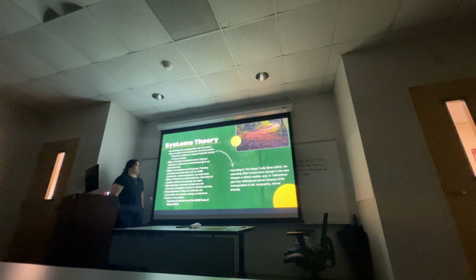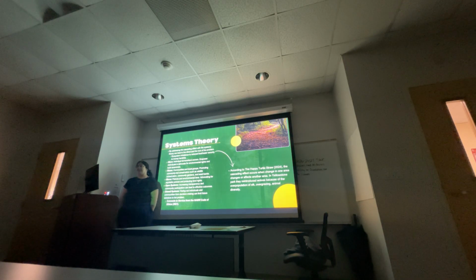For macro, that includes policies and environmental laws, advocating for equitable policies and protecting land rights. For open systems, increasing transparency and community participation can lead to effective outcomes.